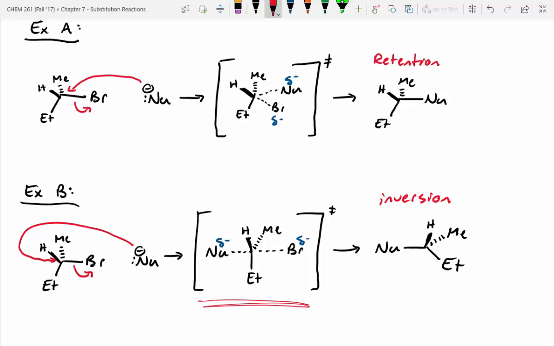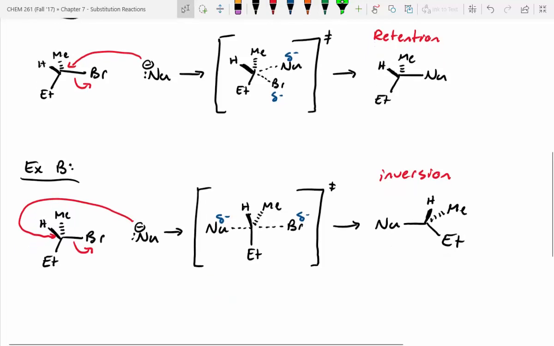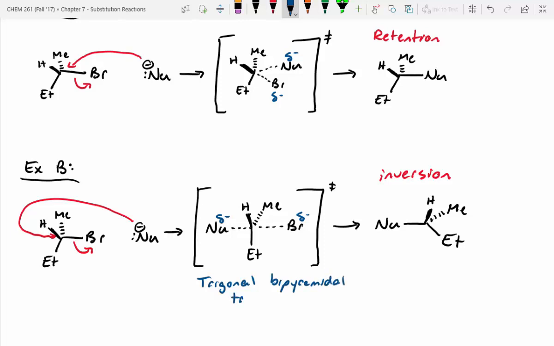Is it trigonal bipyramidal? Yeah, trigonal bipyramidal. The one on top isn't exactly trigonal bipyramidal, right?